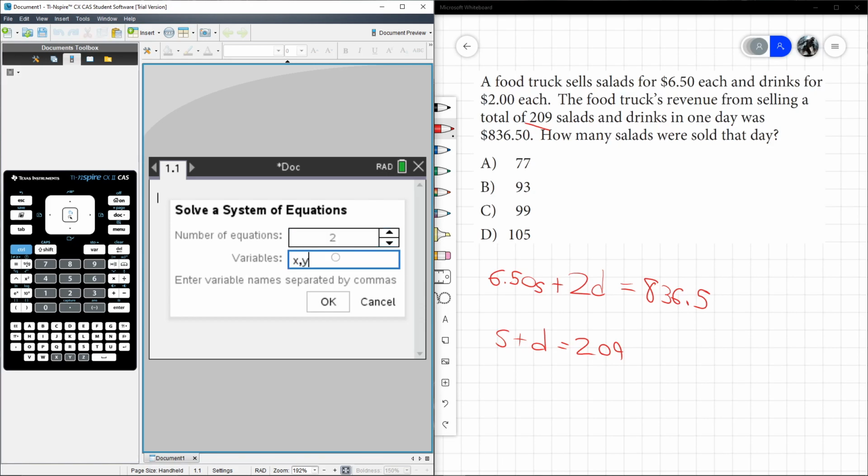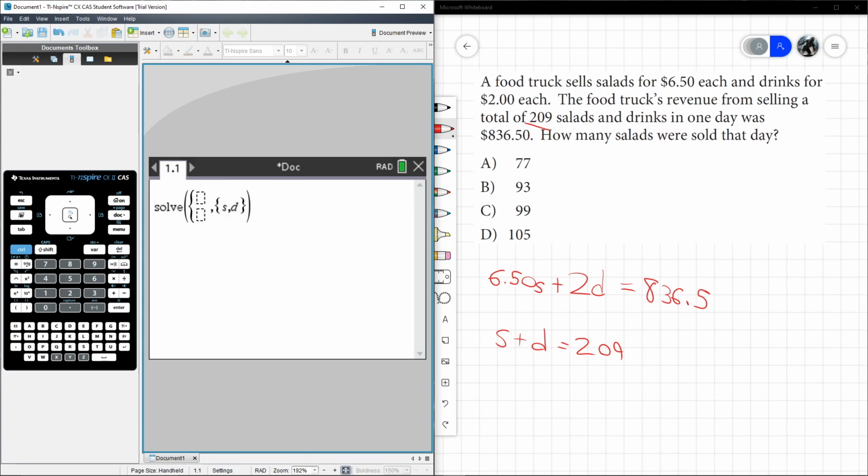We have two variables, and what I like to do is replace the variable names with the exact variables I'm using. Typically you could use X and Y, but if I use S and D, then I know exactly what is salads and what is drinks, and it keeps it very clear and prevents me from making mistakes.